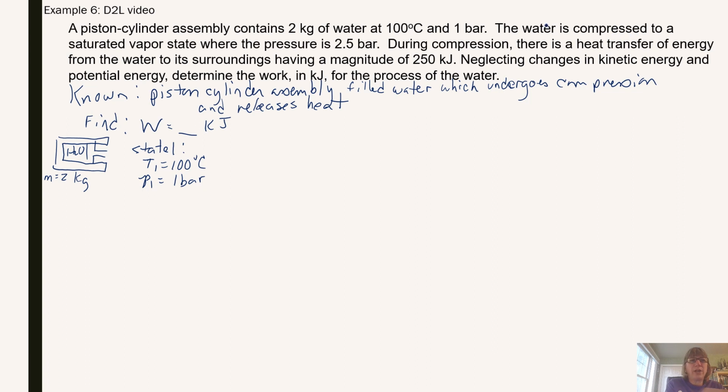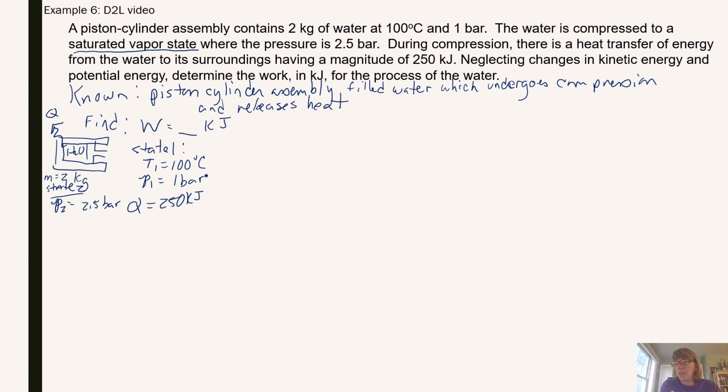Okay, the water is compressed to a saturated vapor state, and the pressure at state 2 is 2.5 bar. During compression, heat is released, and the heat released, I'm going to draw it down here, is 250 kilojoules.